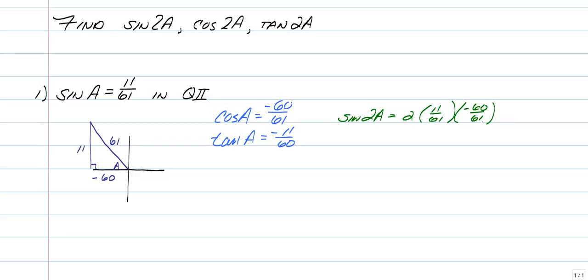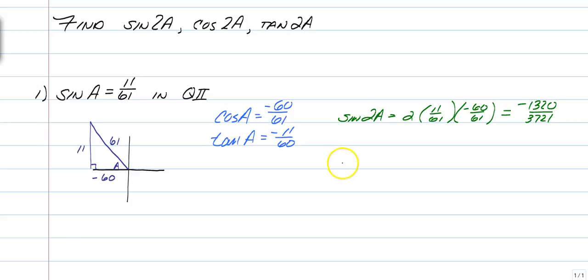Your calculator is going to do it all for you. All you have to do is type 2 times 11 over 61 times negative 60 over 61 in your calculator, and it is going to give you negative 1320 over 3721. And guess what? You're done. That is sine of 2a. It was just that simple.